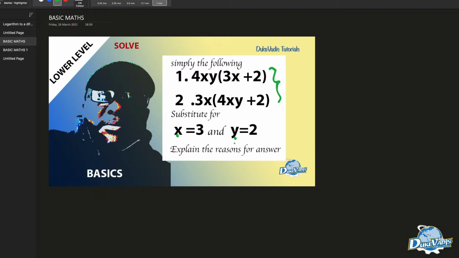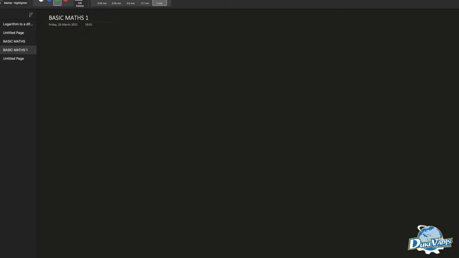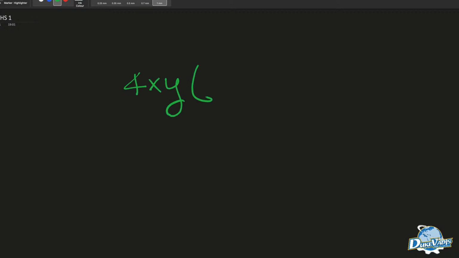Alright, so that's how we're going to go about it. Let's not waste so much time, but go straight to the board and do what we do all the time. So this is our clipboard. The first one says simplify 4xy into bracket 3x plus 2.